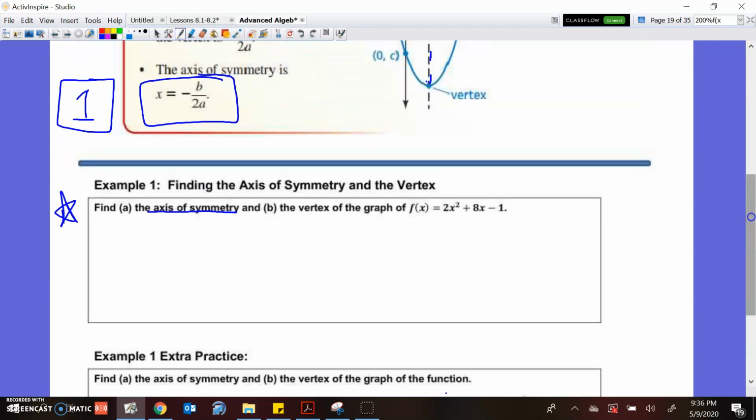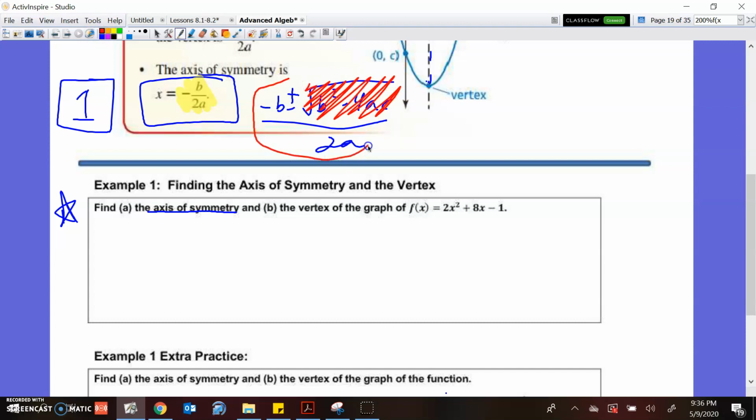Okay, so the axis of symmetry is given to us as negative b over 2a. And you might be thinking, I kind of remember that: negative b plus or minus the square root of b squared minus 4ac all over 2a, right? If I get rid of all that, isn't that what we have here?